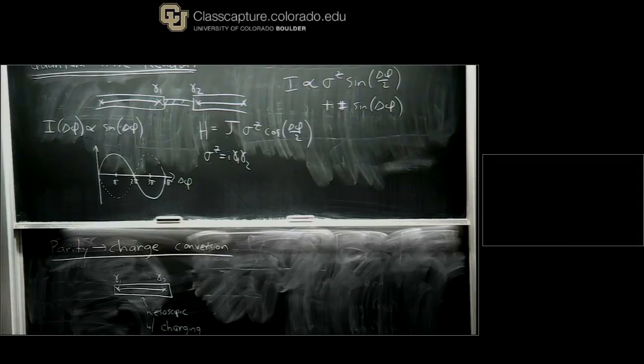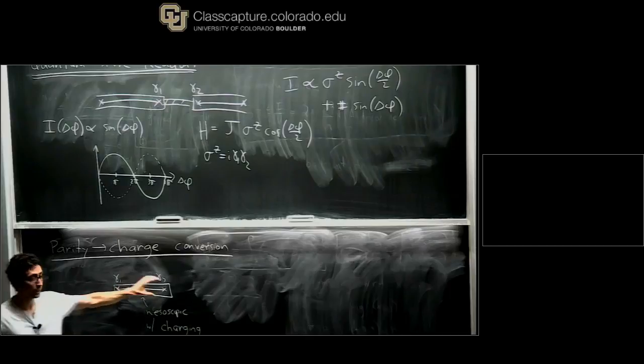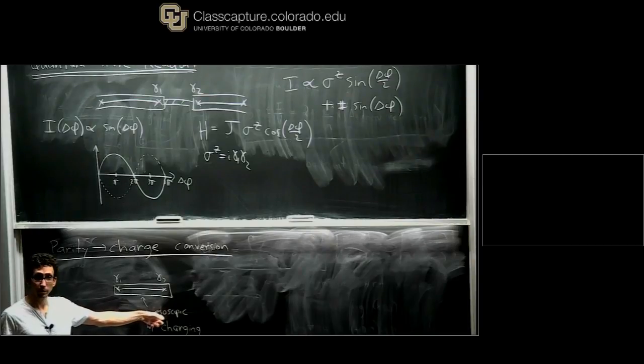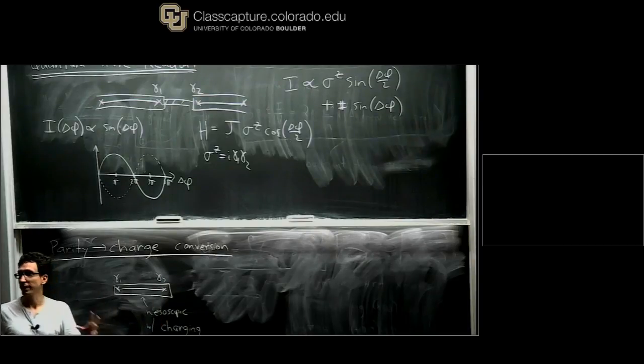This is actually freshman electrostatic physics, right? If I have just an isolated box, which has some amount of charge, the energy cost for charging up that box is q squared over 2c, where c is the capacitance and q is the total amount of charge. So the important aspect of this thing being mesoscopic is that the capacitance is tiny, so that changing the charge from q to q plus 1 incurs a measurable energy cost.